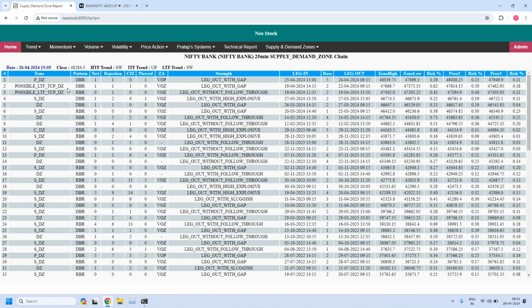Possible LTF. So one of these zones is having a strong reaction. The fourth one is a high liquidity demand zone, 19.4, 14.15.